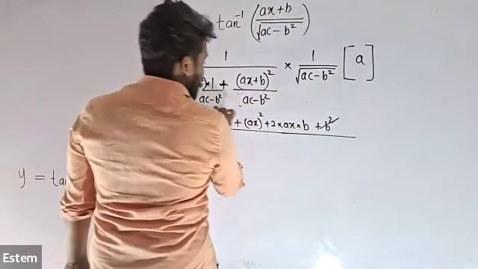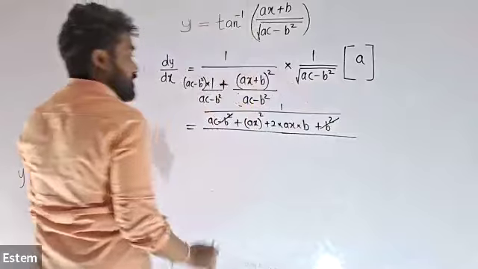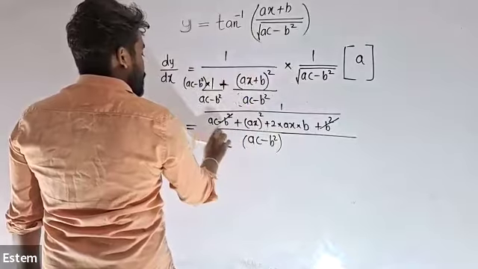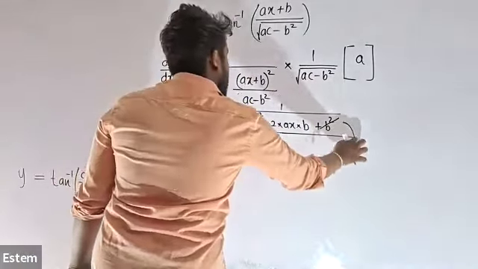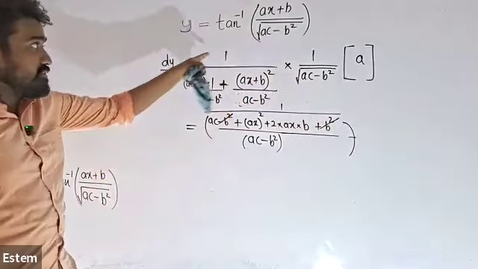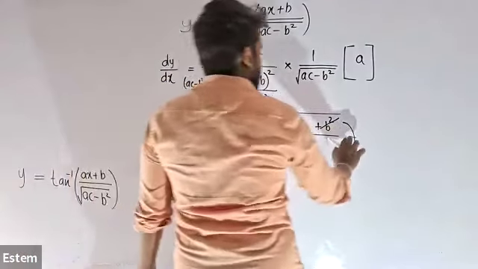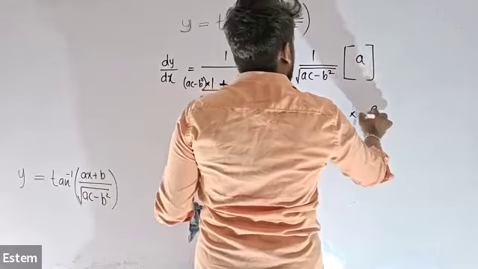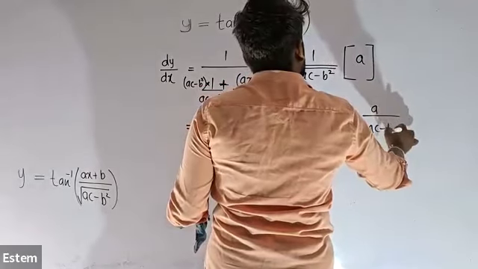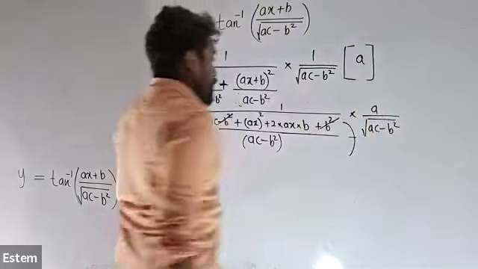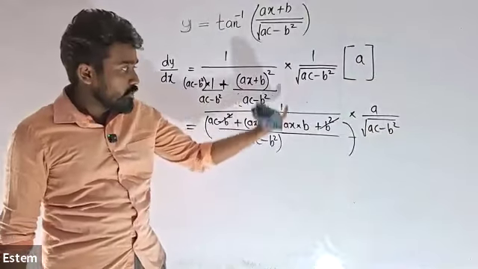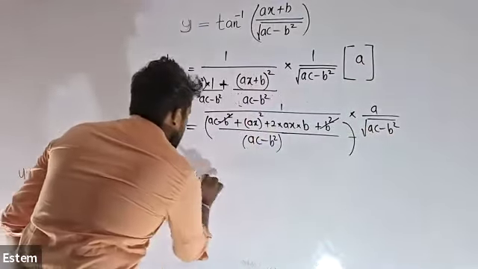So there is a 1 above, and the common denominator is ac minus b squared. So there is a 1 all above this one, and this is multiplied by a over the square root of ac minus b squared. Then we get this ac minus b squared into the upper layer.